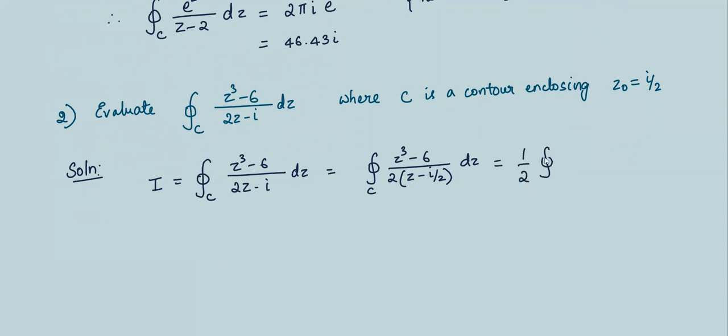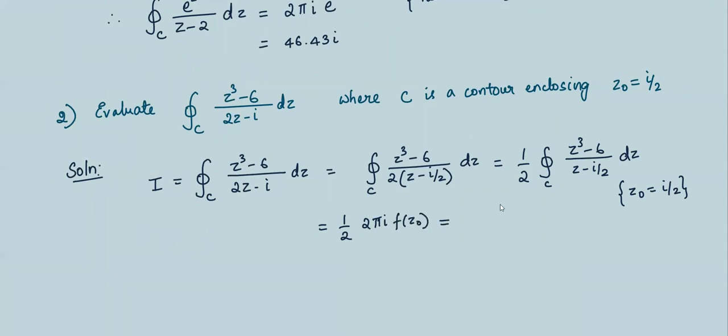Now it is in the Cauchy's integral formula form. Your z naught is I upon 2. Here, z naught is I upon 2. So this is half times 2 pi I times f of z naught.